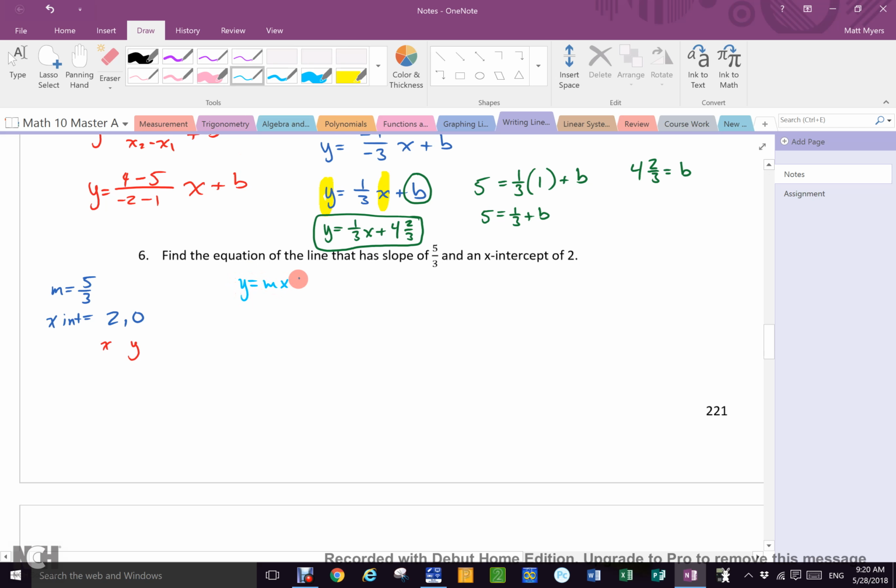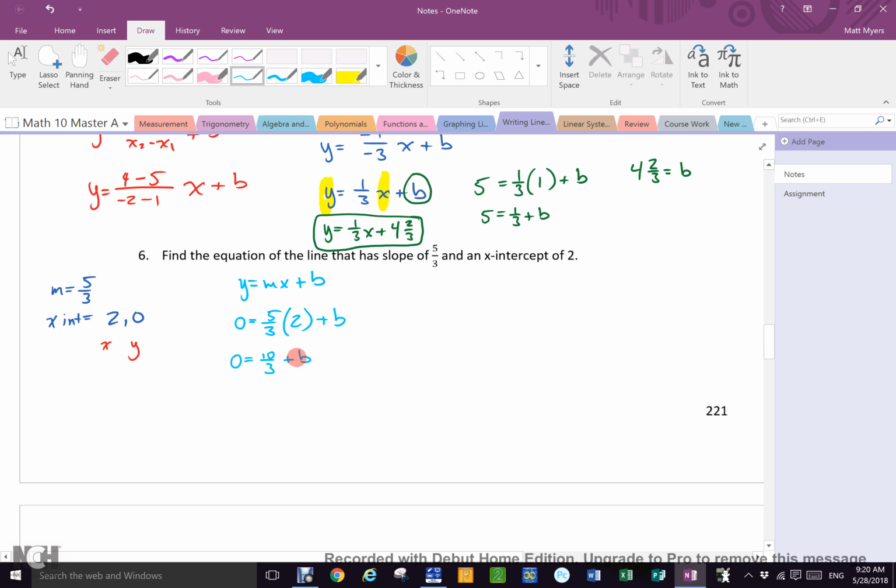Y equals mx plus b. Where can I put all of this information into this equation? What can I put in for y? Right now. 0 equals, what can I put in for m? 5/3. What can I put in for x? 2 plus b. Right? What is 2 times 5/3? 10/3 plus b.